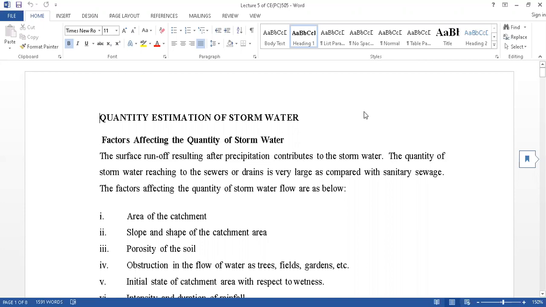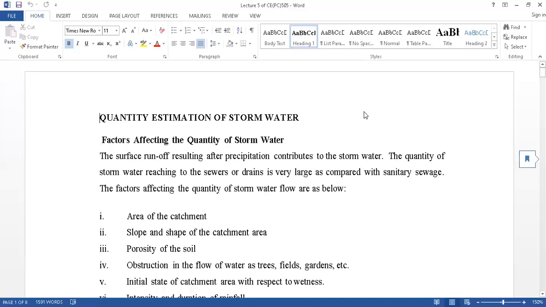As we have said, after the raining, surface runoff occurs and finally it contributes to the stormwater. Now this quantity of stormwater, when it reaches the sewers and drains, is very large compared to the sanitary sewage water, which we discussed in my last two lectures, third and fourth lecture.